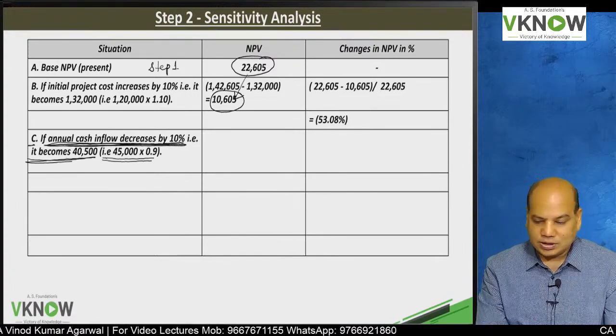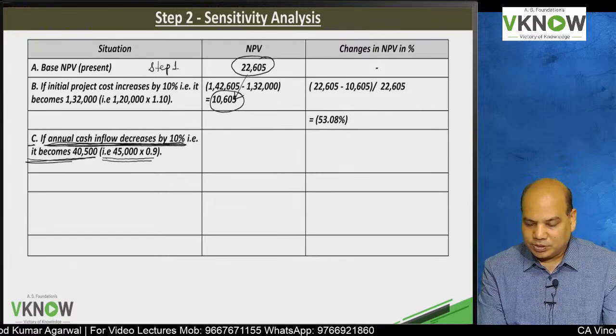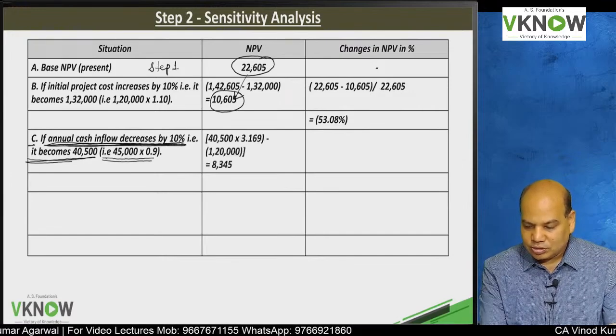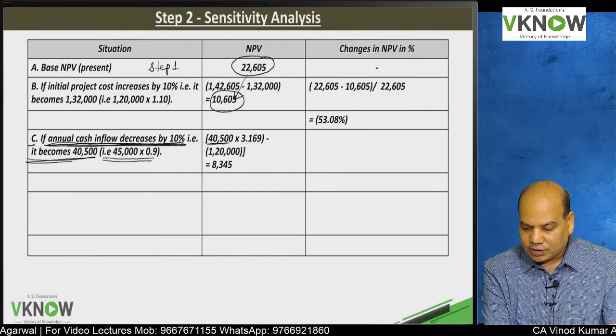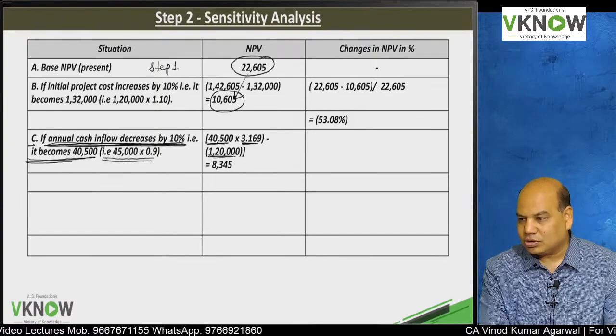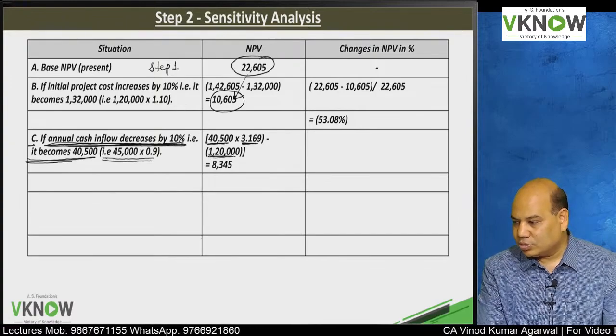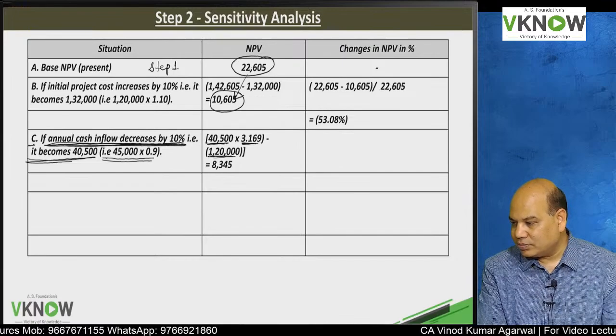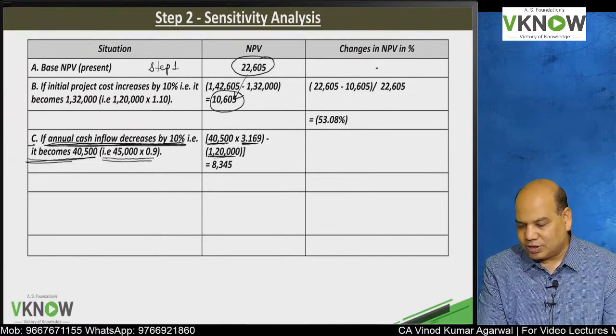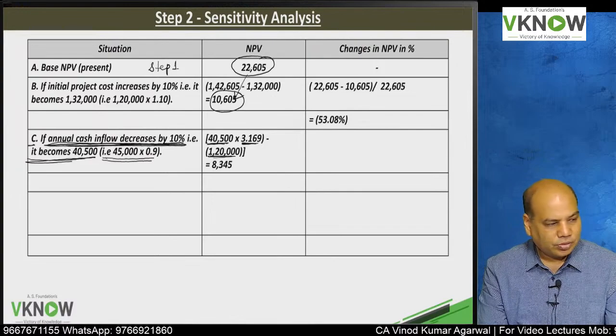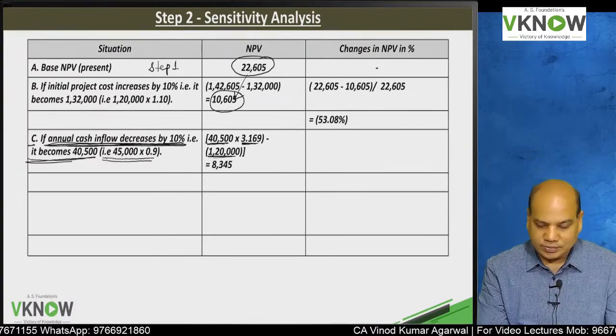So the NPV will have to change. Now it will be 40,500 into the factor minus the original initial project cost. Only one variable will change at a time.